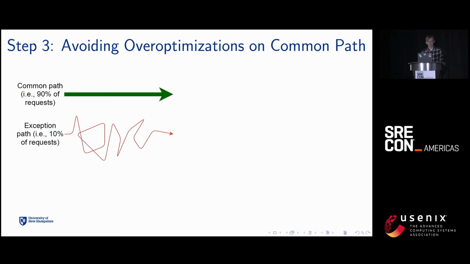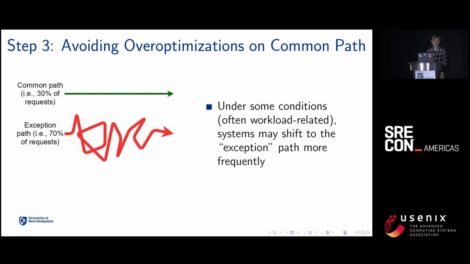Okay, so step number 3, avoiding over-optimizations on common paths. This can be somewhat controversial, but we like to optimize things because we think that this is the only way our system is going to be used. If that changes, right? If you run your exception path more frequently, if something happens to the workload, well, now you can spend all of the resources on that exception path, essentially degrading the capacity, the performance of your system, right?